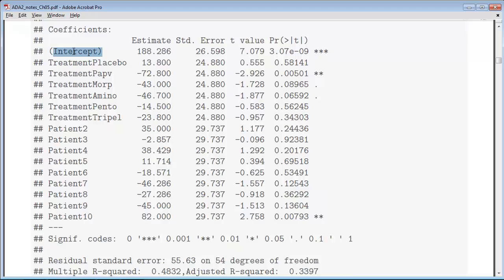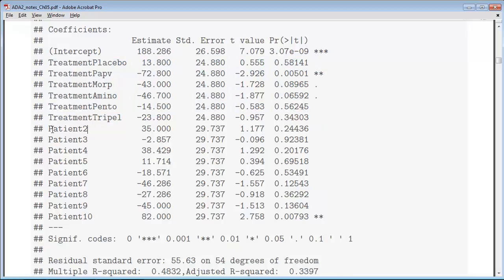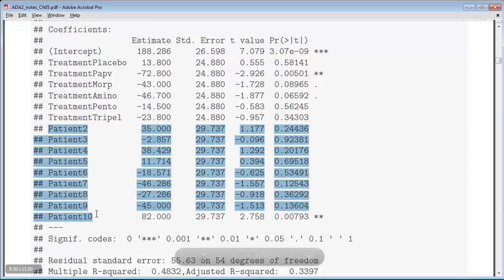It describes the mean number of seconds itching for the baseline group for both the treatment and the block. So notice that there were 7 treatments, but there's only 6 rows for treatment. Also, there were 10 patients, but notice there is no patient 1. It starts at patient 2 and goes through patient 10.